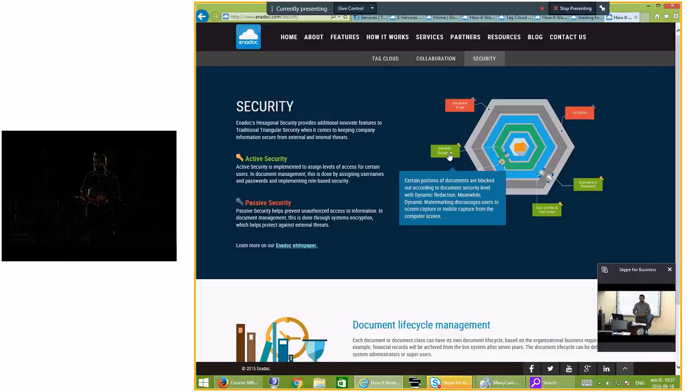But with this sort of application, you can eliminate those kinds of scenarios, right? So what it does is dynamic watermarking, which will distort the images.